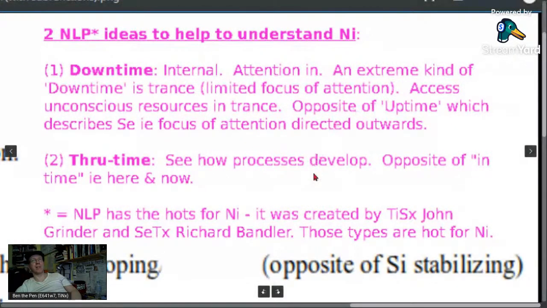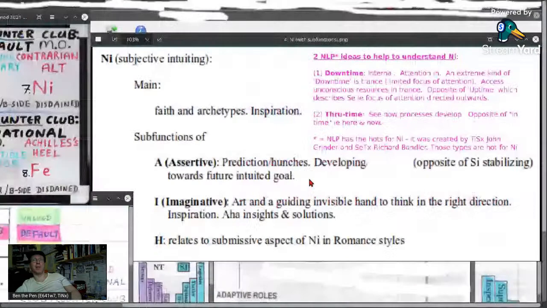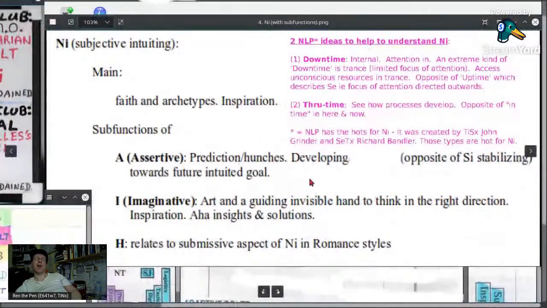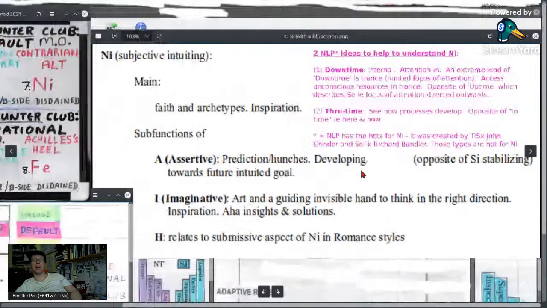One of the reasons is, if you look here, this is the opposite of SI stabilizing. Maybe a little bit with improving the system, but no, they've got the caregiving romance style, not submissive. They're going to be weak at that.